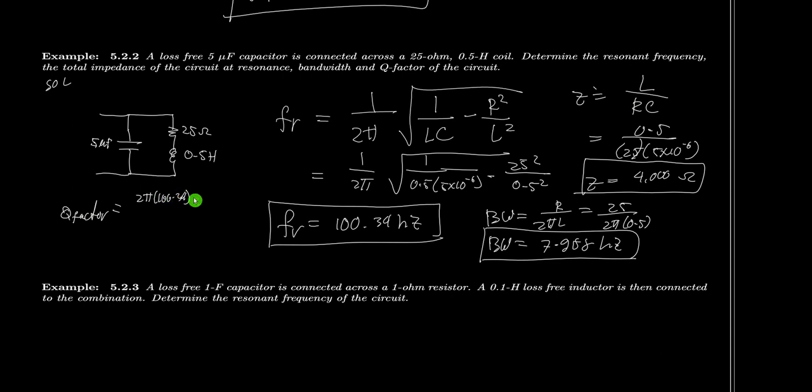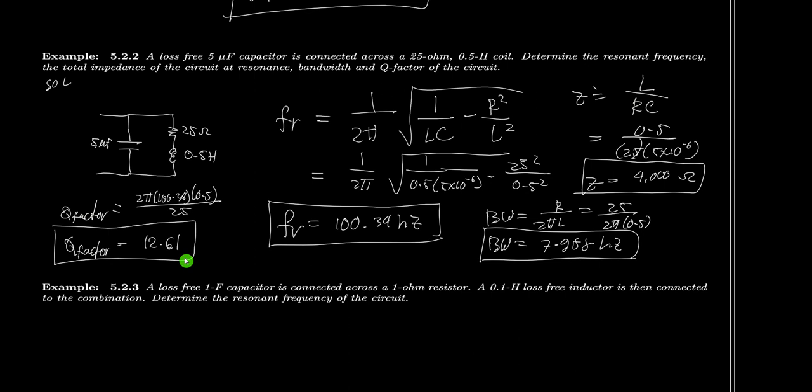You multiply that with L, which is 0.5 Henry, all over the resistance 25. So the Q factor from this one will be just equal to 12.61. So that's the Q factor. You can use other formulas. You can derive the formula in terms of L and C only by using the formula of f of r, which is this, and solve for the Q factor.